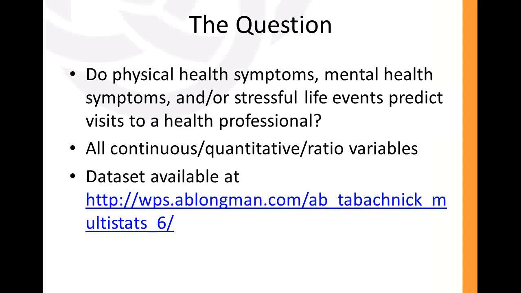The idea here is that we're trying to predict the number of visits to a health professional. That's going to be our outcome variable. The other 3, the number of physical health symptoms, the number of mental health symptoms, and the number of stressful life events, we're going to use to predict visits to a health professional. If this was your research project, you would be interested in how these variables can help you understand what is associated with people coming to visit a health professional.